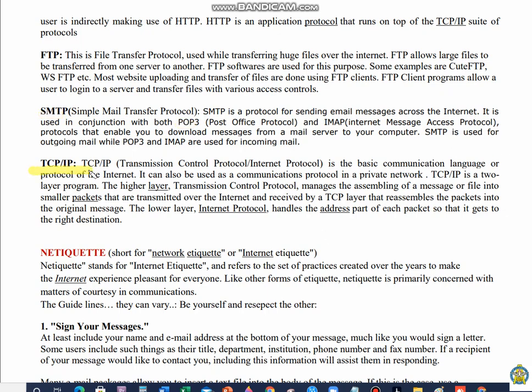This is important, very often used, TCP IP. Let's imagine computers again, 1, 2, 3, 4. Just imagine you are sitting in Shillong and these computers are of course connected through wire or wireless, and I need to get some information.